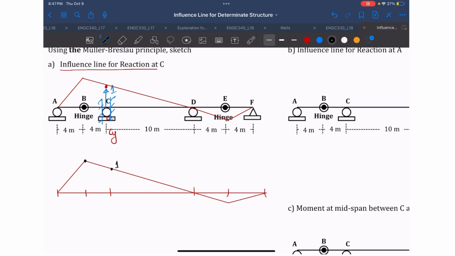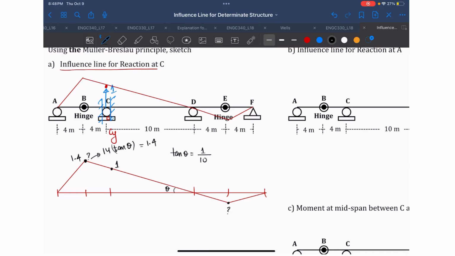Also you can find the value here, because you can find theta here. Using tan theta equal to 1 divided by 10, you can find the value here, which will be 14 times tan theta, and that will give you 1.4. So this point will be equal to 1.4.